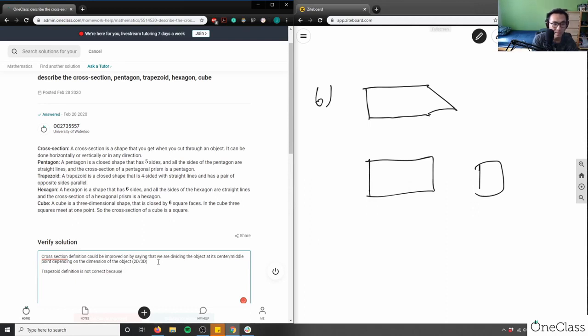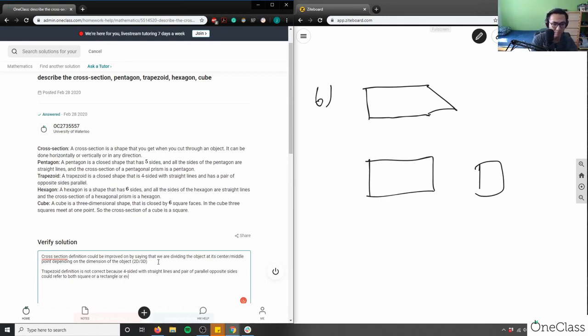Because in this case, 4-sided with straight lines and a pair of parallel opposite sides could refer to both a square or a rectangle. And even a rhombus, right? A rhombus has parallel opposite sides.